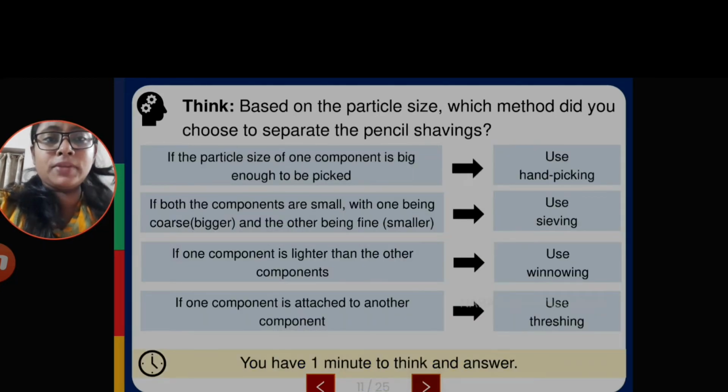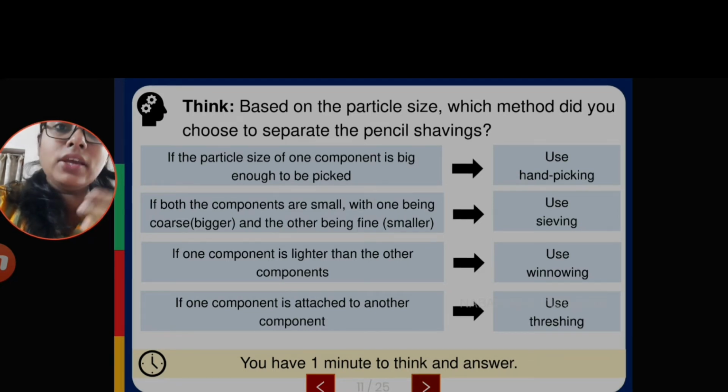Okay. Next, based on the particle size, which method did you choose to separate the pencil shavings? If the size of one component is big enough to be picked, then we will do hand picking. There are different methods we have studied for how a solid mixture gets separated.